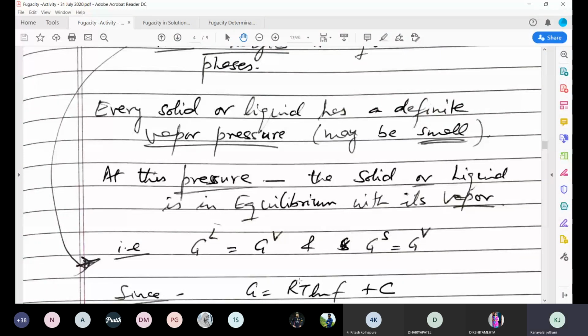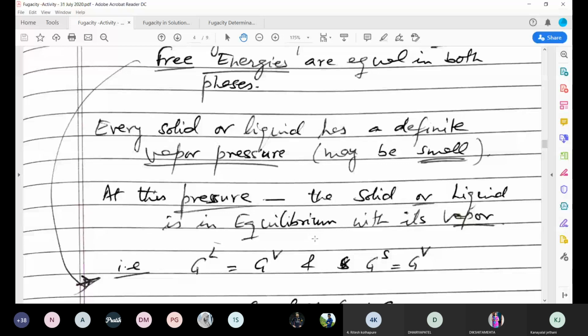So we have said that the condition is that molar free energy in the liquid phase is equal to molar free energy in the vapor phase for that component. We are talking about pure here, pure liquid and pure vapor. So molar free energy of water in the liquid phase is equal to molar free energy of water in the vapor phase for liquid vapor equilibrium.